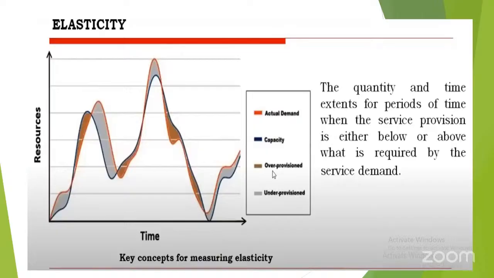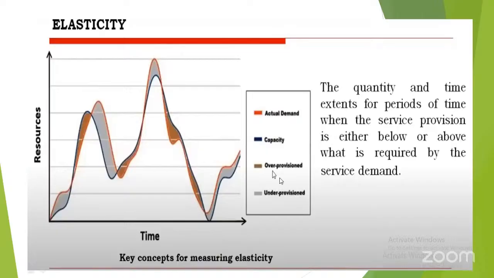On demand 100 users, and your capacity is also 100. For example, you eat 2 dosas daily in the morning and we have also provided 2 dosas. That criteria is right. So the demand is 2 and we have capacity also 2. Actual demand and capacity are the same.